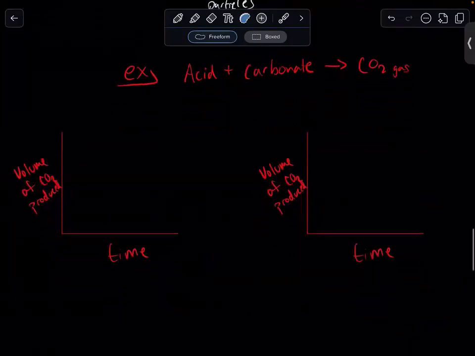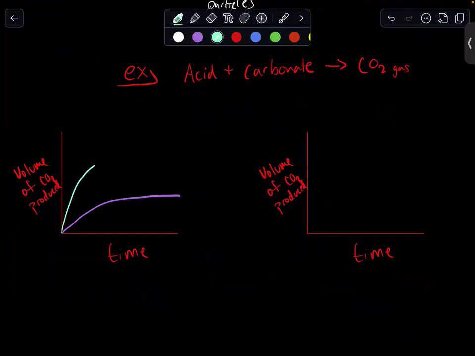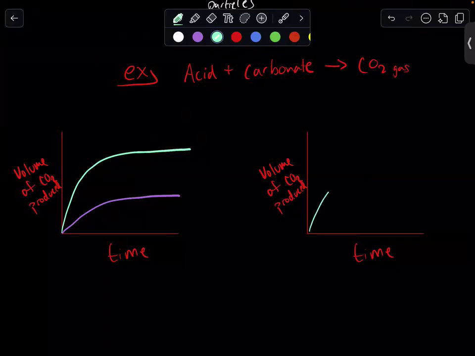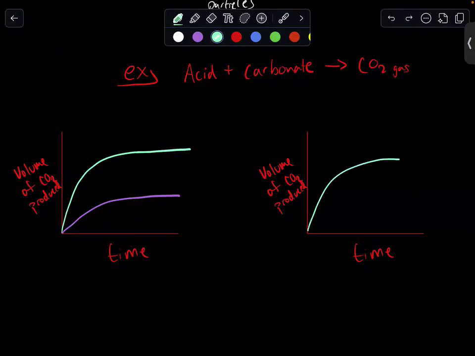So you'll generally see two forms of this. First, we'll have this reaction, and then we might have this reaction, which might be compared to this reaction, versus this reaction.